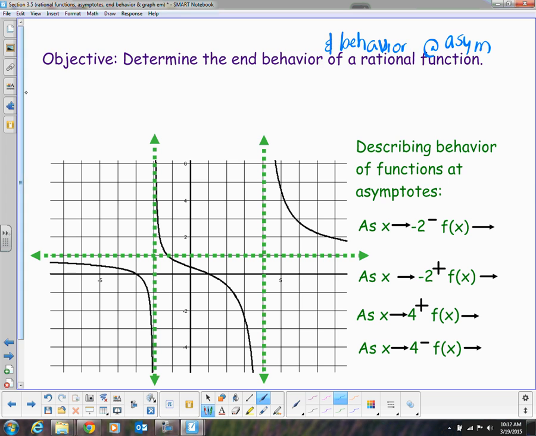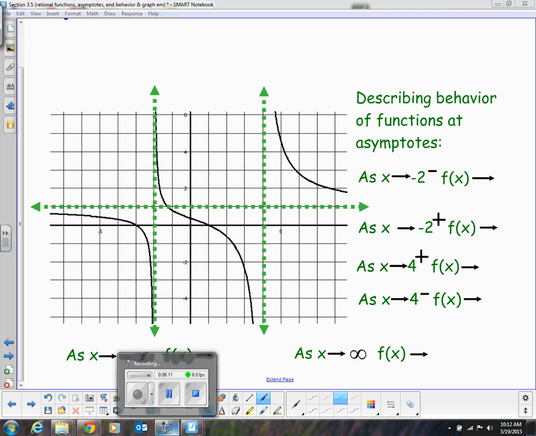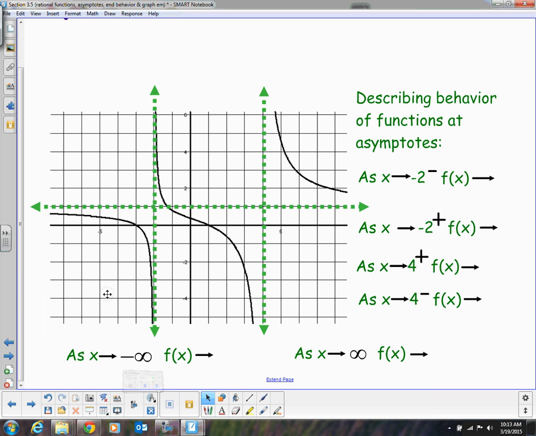Now this right here is end behavior that will be on this test. So let's do end behavior first.